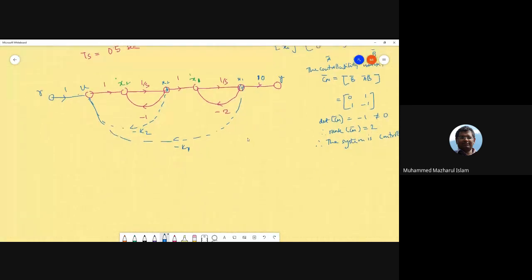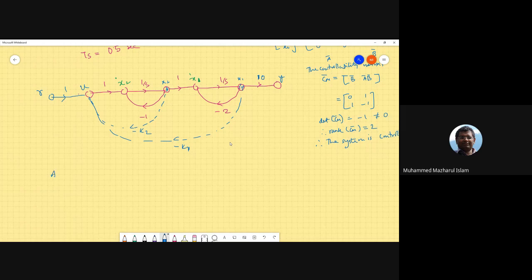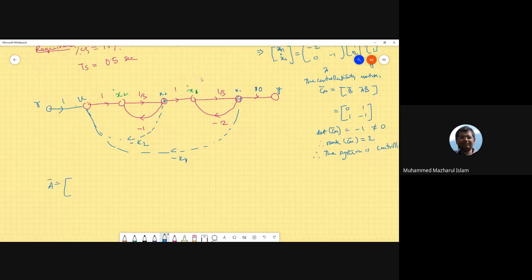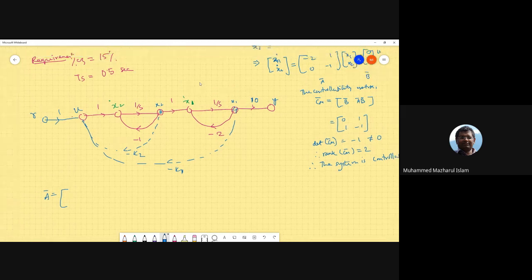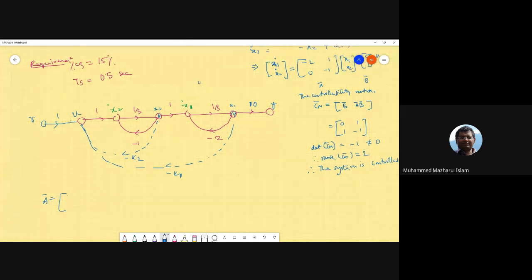What do you do? First, like before, you need two equations. One from the new A. So I have my old A. A is, if you remember, [-2, 1; 0, -1]. Therefore, new A will be -2, 1.